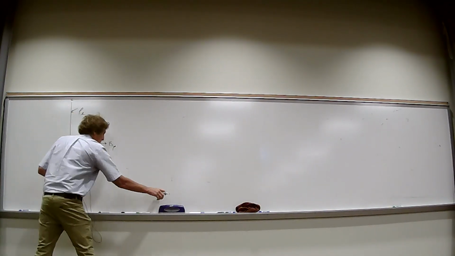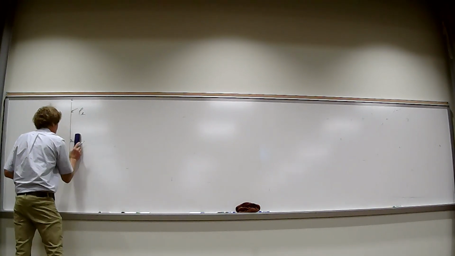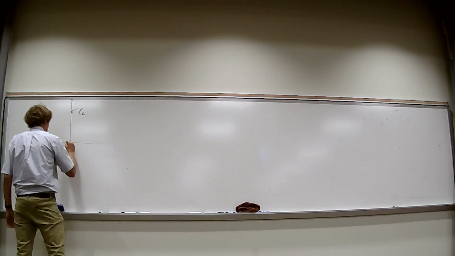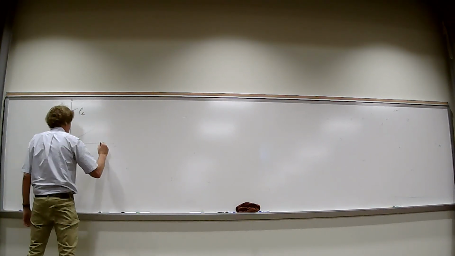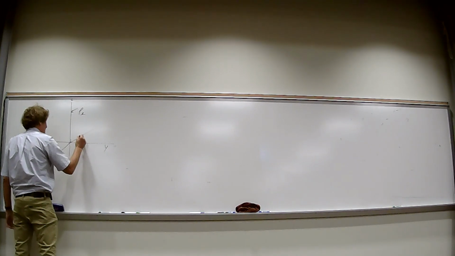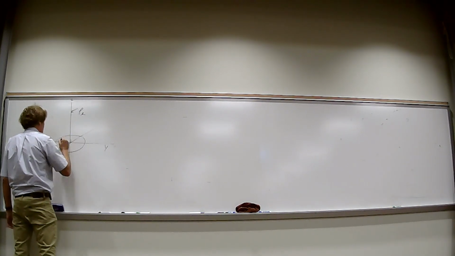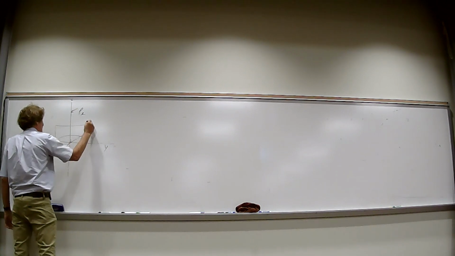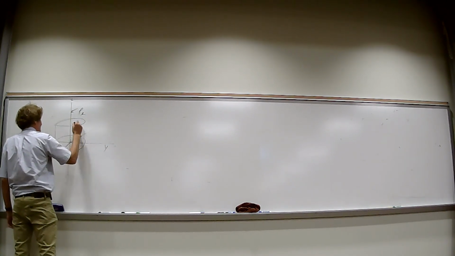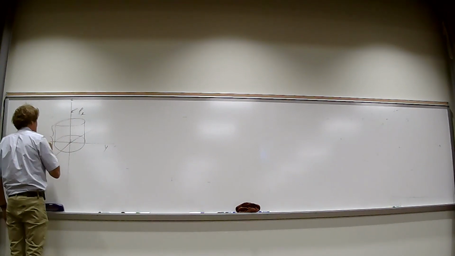Now, what I do is create a Gaussian surface around this thing. I'm going to say that this is X right here, Y and Z. Then I put a cylinder around here, and I'm going to make that cylinder of a height.